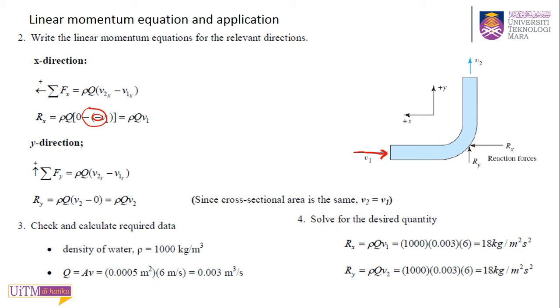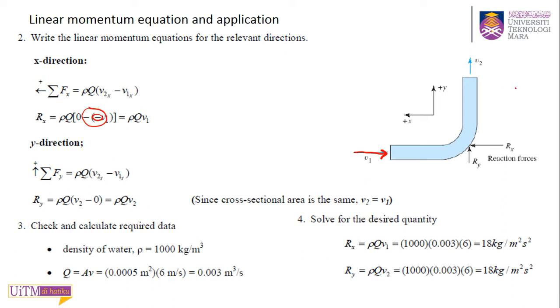So you need the y direction as well. For the y direction, they give you the reference axis that upward is positive. Upward positive, summation of Fy is equal to rho Q times V2y, the V2 in y direction, minus V1y, V1 in y direction.